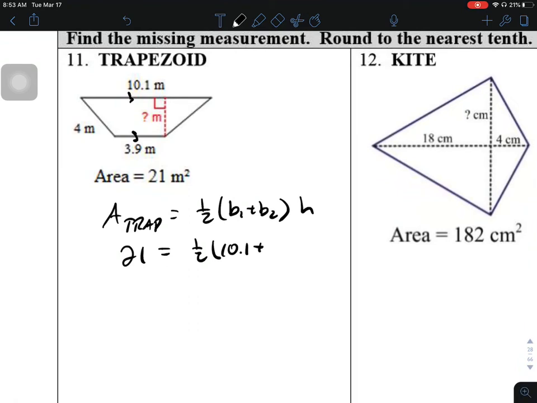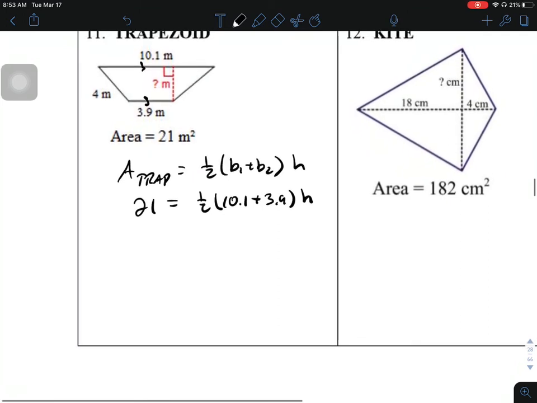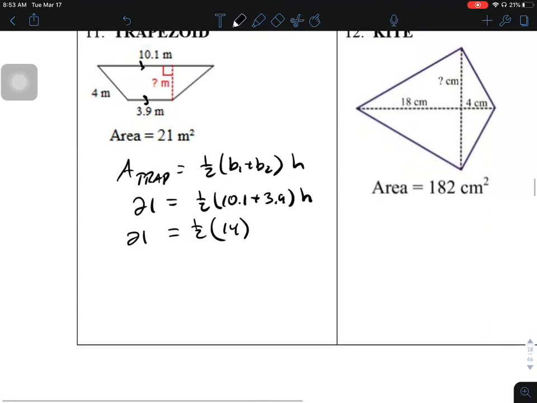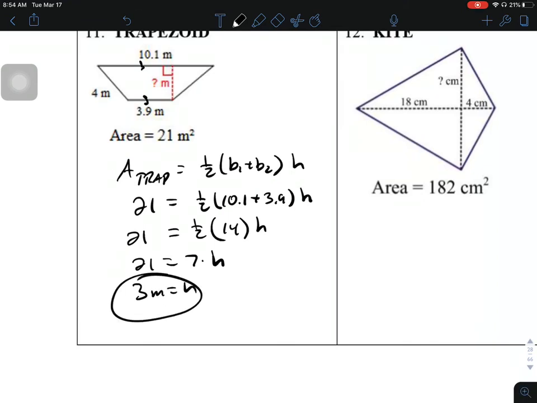Yes. 10.1 and 3.9. Do we know what the height is? No. 10.1 and 3.9 is going to be 14. Half of 14 is 7. You divide both sides by 7, you get 3. The height's 3 meters.